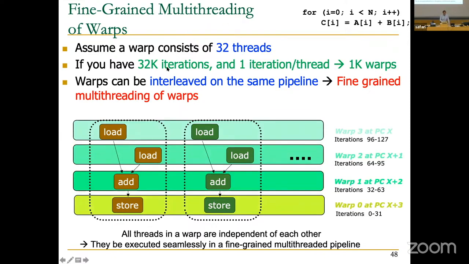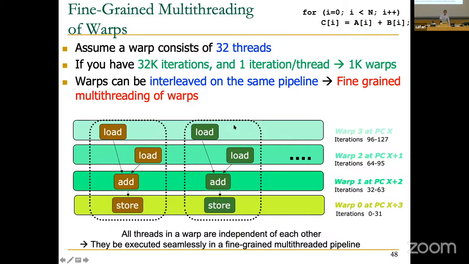It's the same example over here. All threads in a warp are independent of each other, so they can be executed seamlessly in a fine-grained multithreaded pipeline. Let me give you the example. So this is warp 0, and this is a filled pipeline. Initially, you fetch warp 0. Warp 0 executes program counter X, meaning the first 32 iterations and just this load.